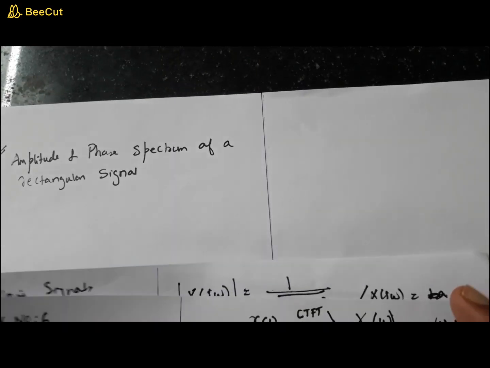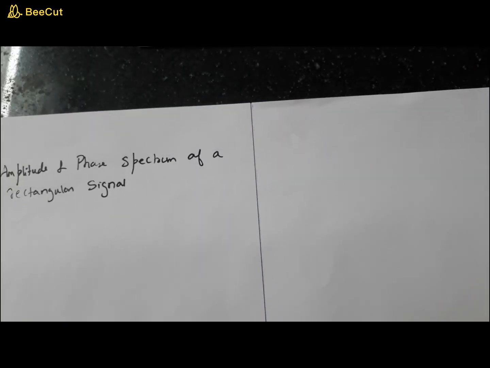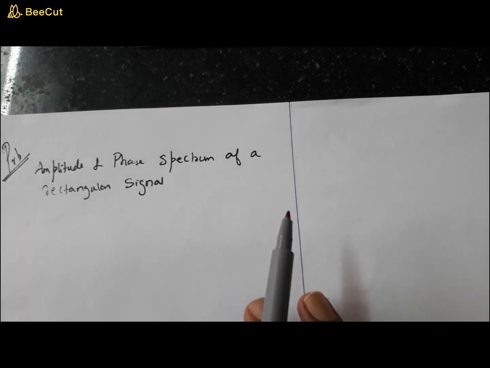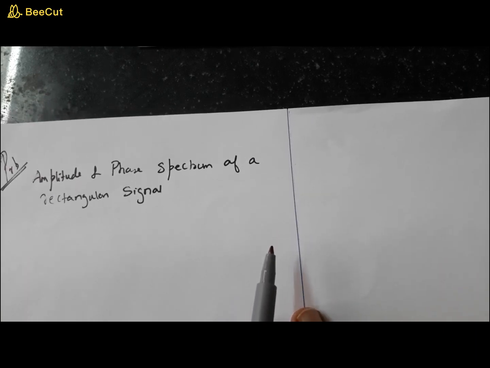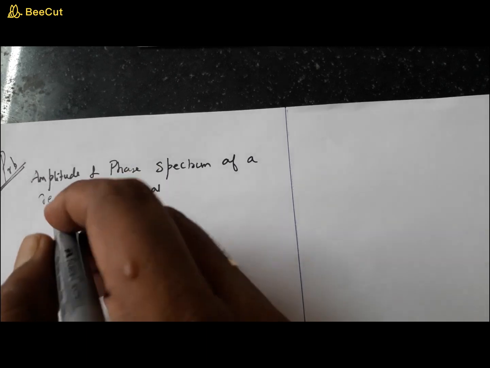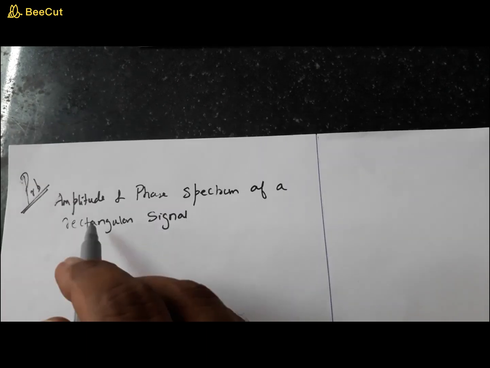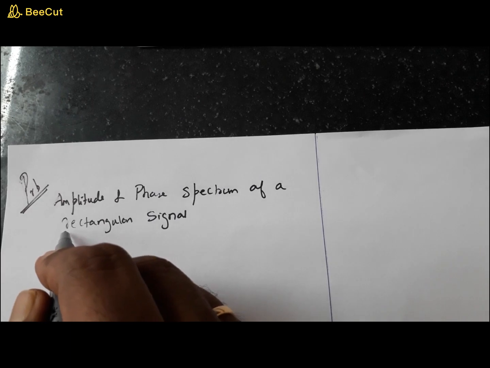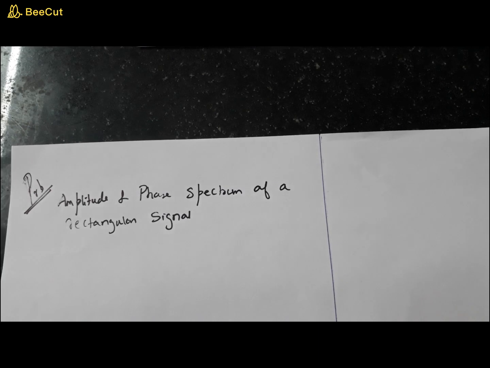So questions may be asked in this way: find out the amplitude spectrum and the phase spectrum of a signal. Now, moving further, let's see the amplitude and phase spectrum of some standard signals, which are of more importance to us in this course as well as in your coming courses in various semesters.